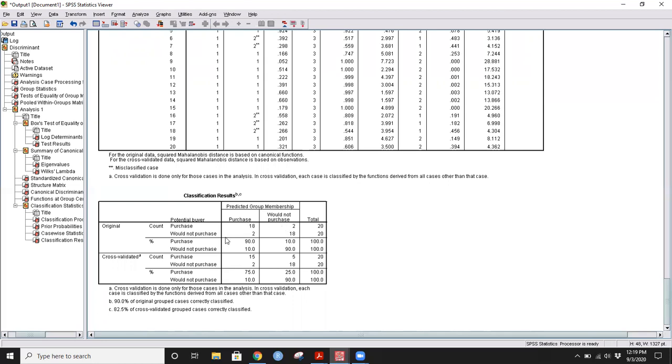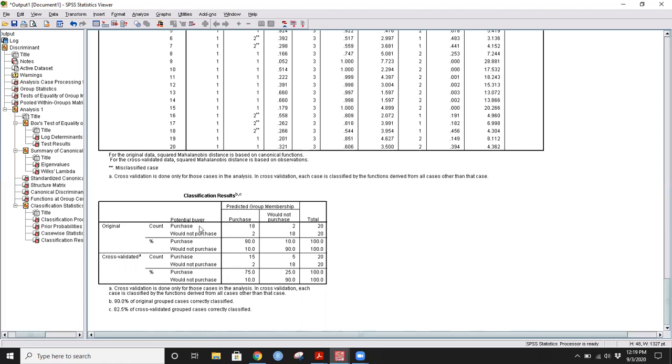Okay, so let's try to interpret it. This particular side is the count and this is the percentage. So in the original data set, out of the total customers who purchased, that is, total was 20, my discriminant function predicts that purchasers are 18 and would not purchase are 2.